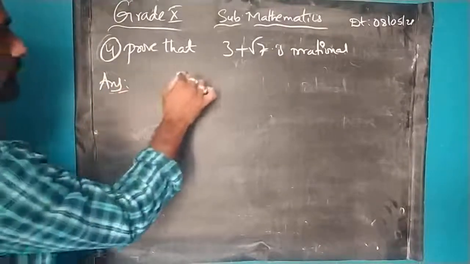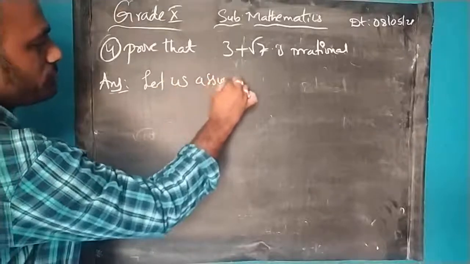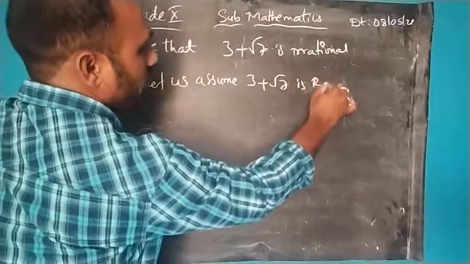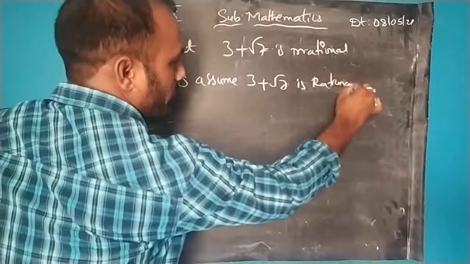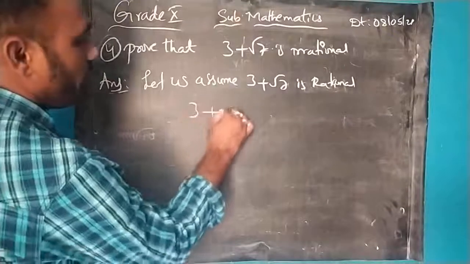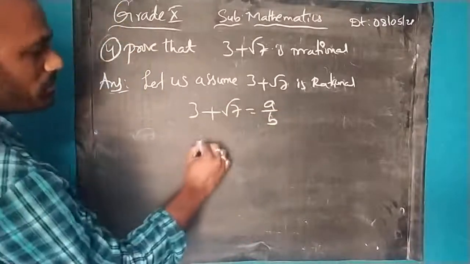Okay, keep it here. Same concept. First step is always the same. Let us assume 3 plus root 7 is a rational number. Always we need to assume that it is a rational number. So if it is a rational number, definitely it will be in the form of p by q, that is a by b. So let root 7 be on this side.